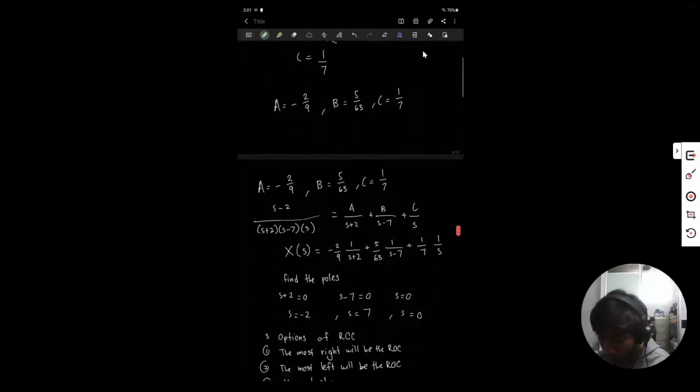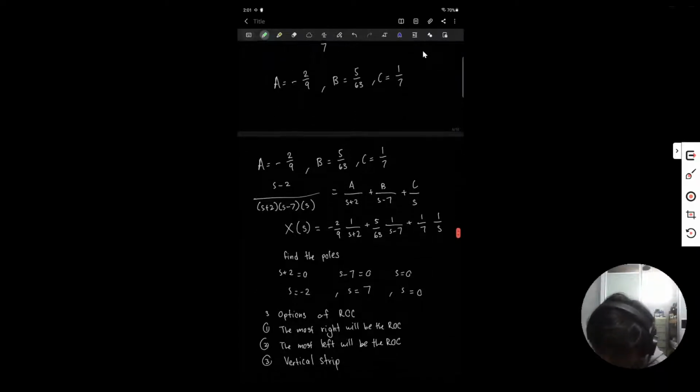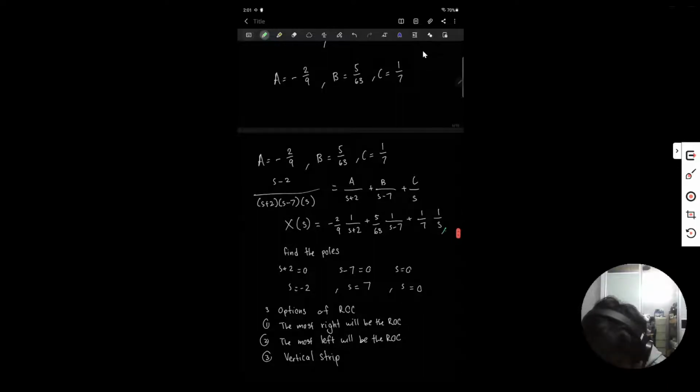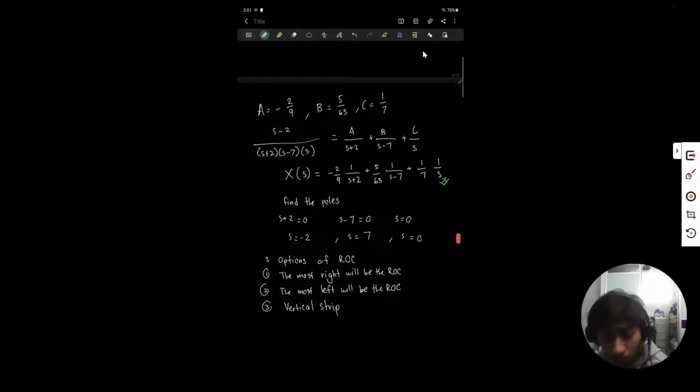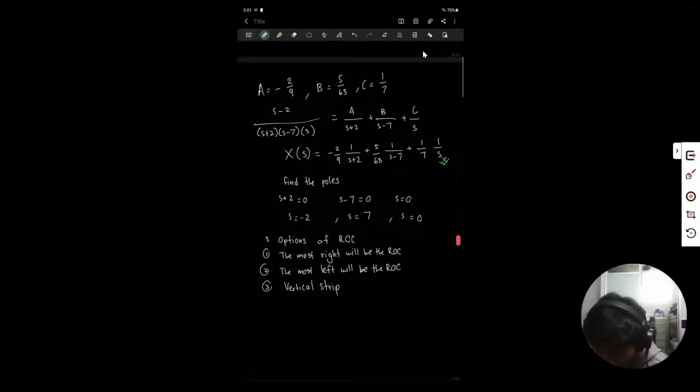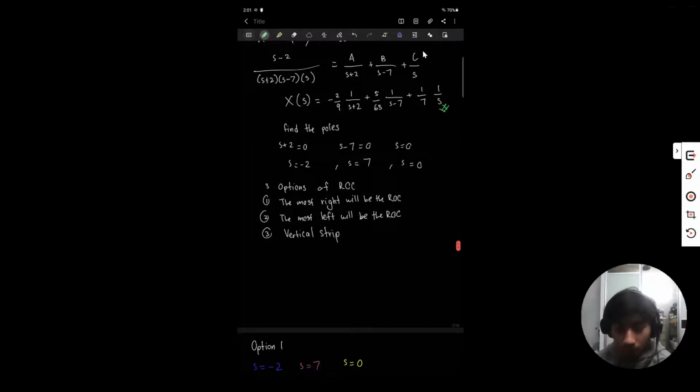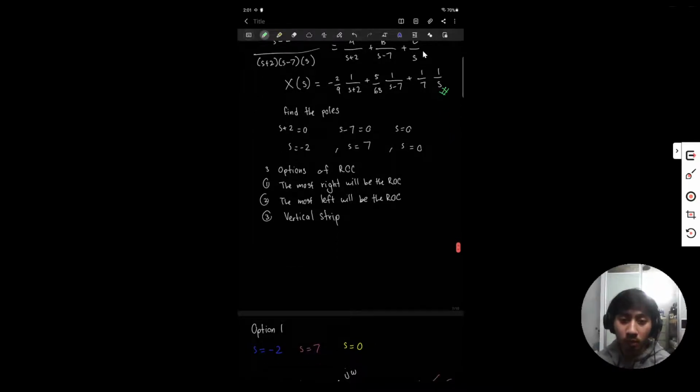After we get A, B, C, we get X(s) in this form. After that, we will be able to find the poles. So we get poles equal to S equals -2, 7 and 0. For ROC, we have 3 options, as I said: rightmost, leftmost, and vertical strip.